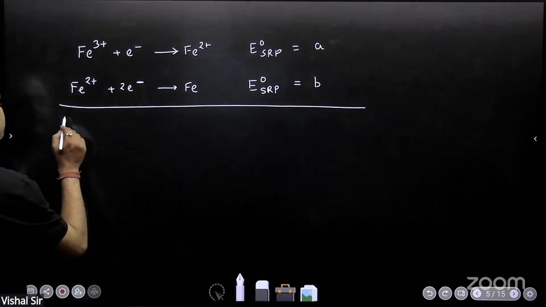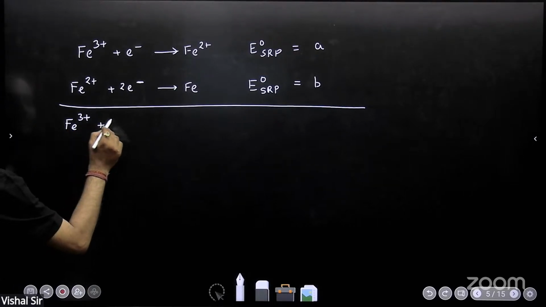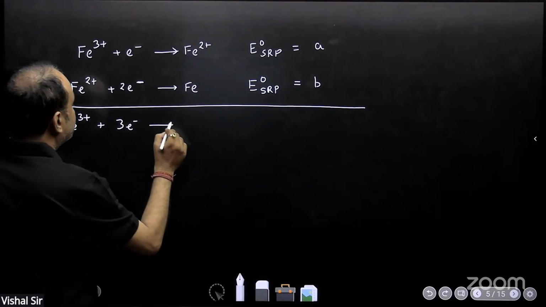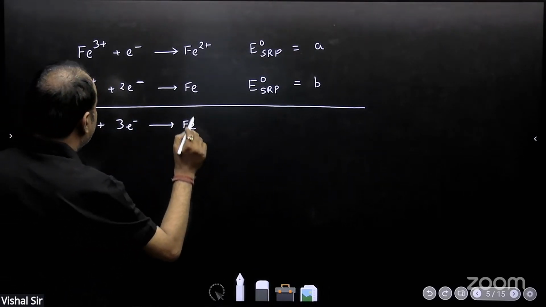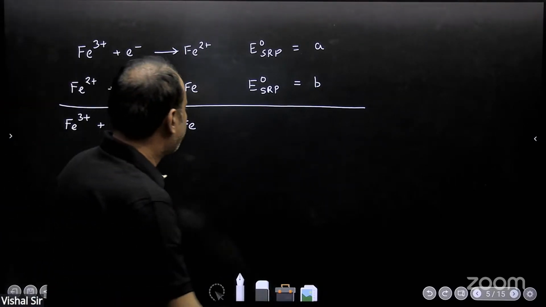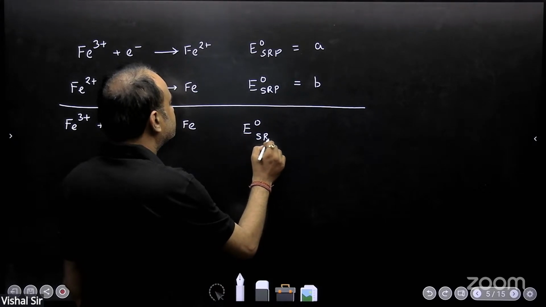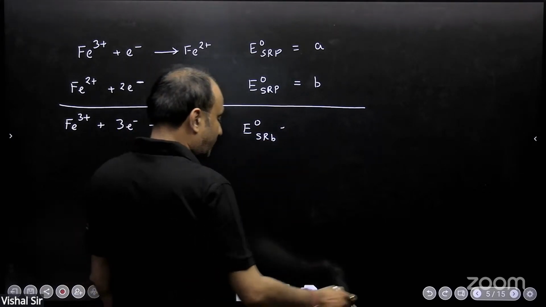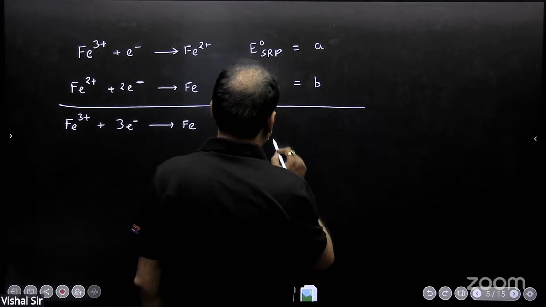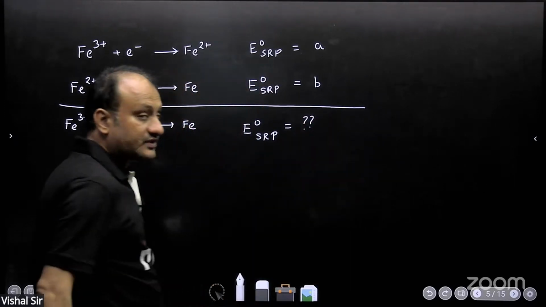You are asked to add these reactions, and the reaction you get is Fe3 plus plus 3 electrons goes to Fe. And you are asked what is the SRP value of this half reaction.